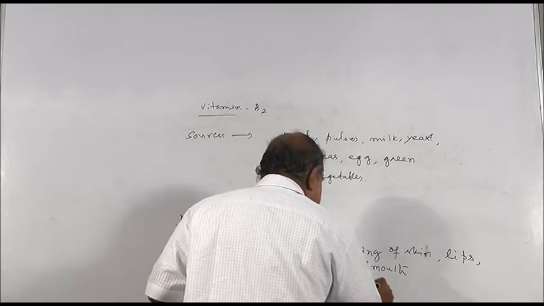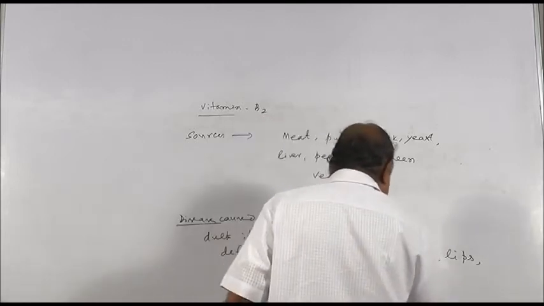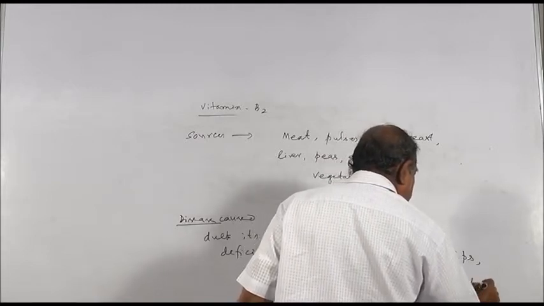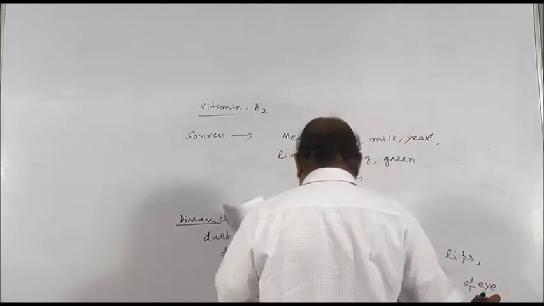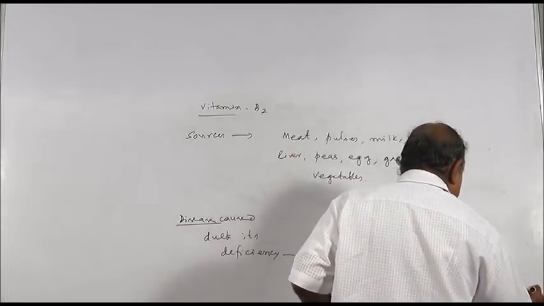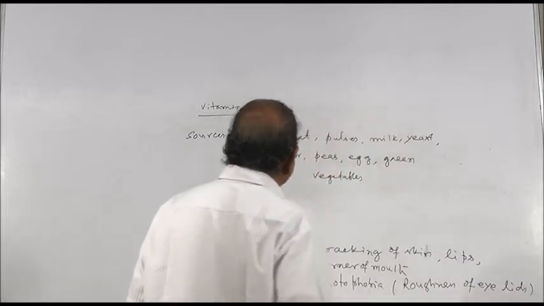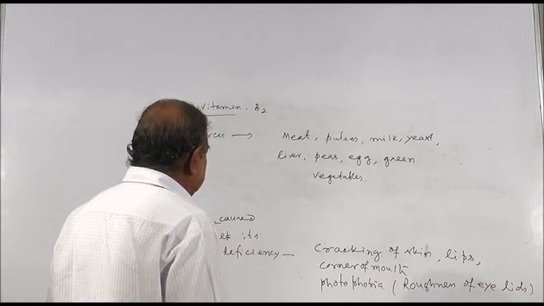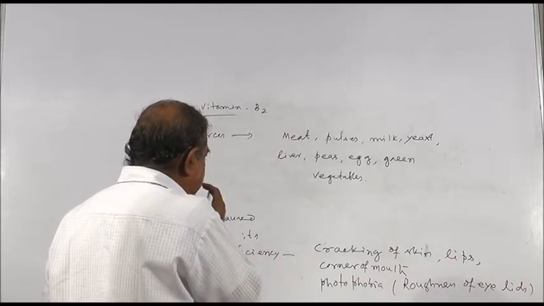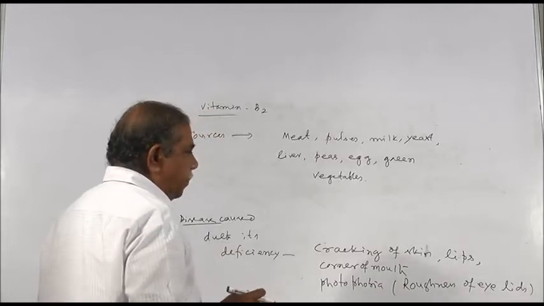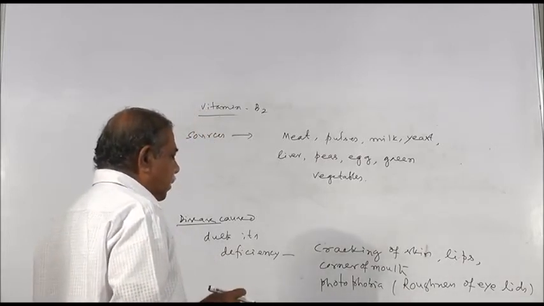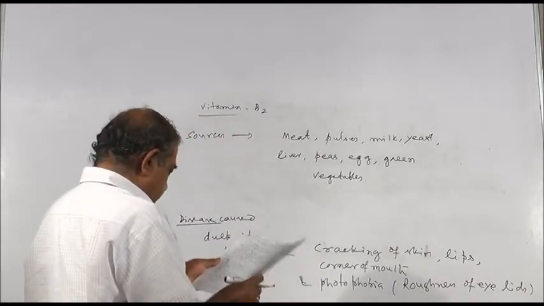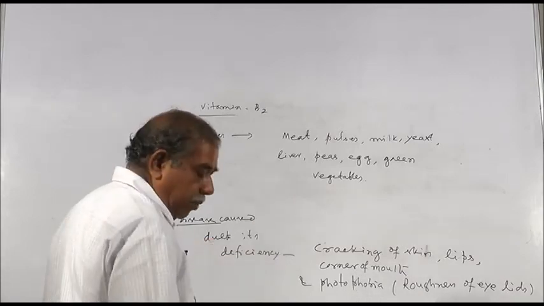Photophobia means roughness of eyelids. So the sources are meat, pulses, milk, yeast, liver, peas, egg, green vegetables. The disease caused due to its deficiency: cracking of skin, lips, corner of mouth, and photophobia, that is roughness of the eyelids.